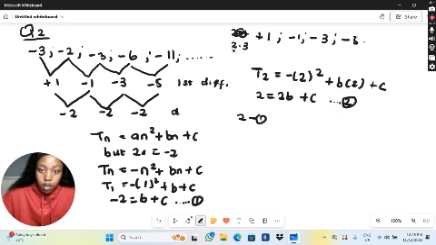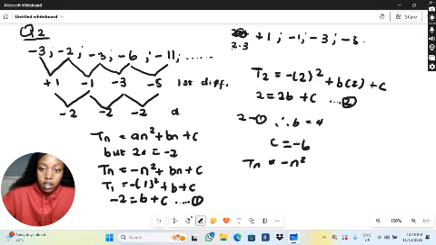Therefore b will be equal to 4, then c will be equal to negative 6. So our Tn is equal to negative n squared plus 4n minus 6.